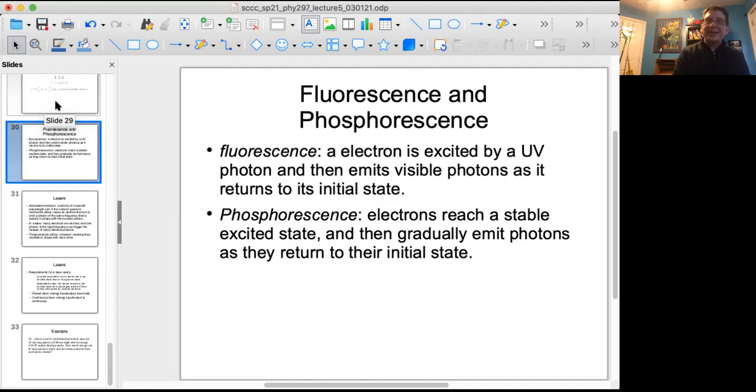You think fluorescence, that glows under UV light. Phosphorescence can glow in the dark. So this watch, for example, I don't know if you can really see it, has some phosphorescent material in this. So if you turned all the lights off, let's say you wake up in the middle of the night and you want to find out what time it is.